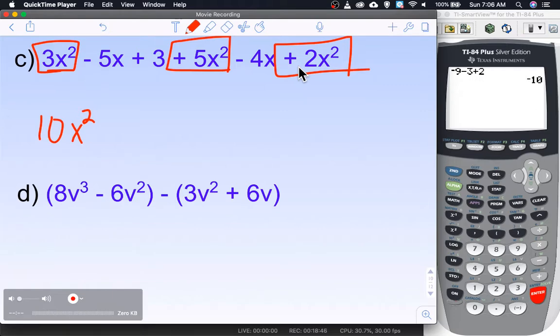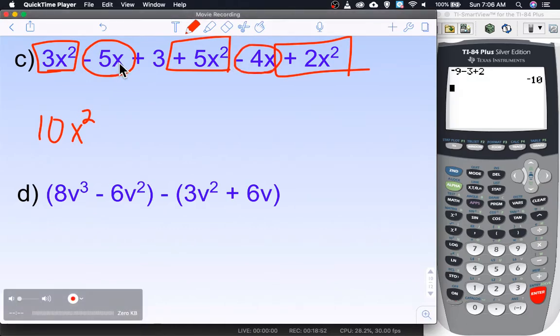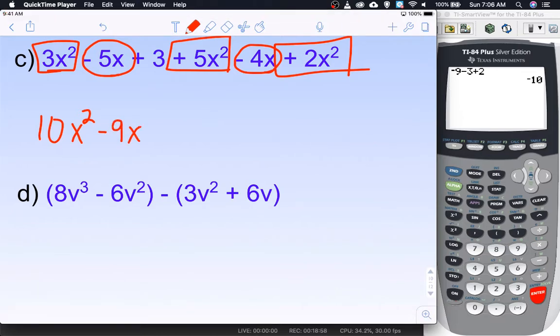Then I'm going to combine my x to the first powers. I see I have 2 of them. I've got an x to the first power and an x to the first power, and those together combined give me a -9x. And then my lonely little 3 just comes along for the ride.